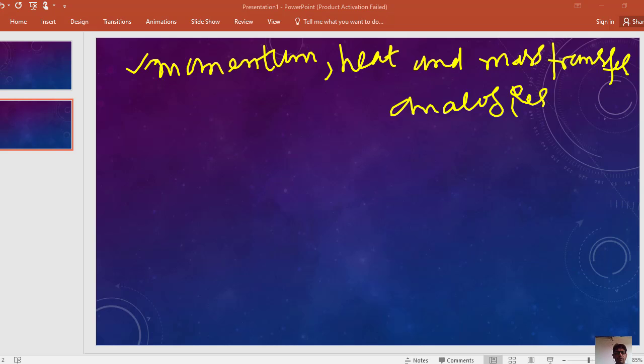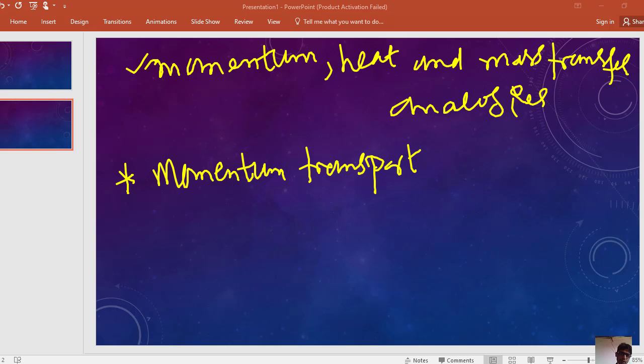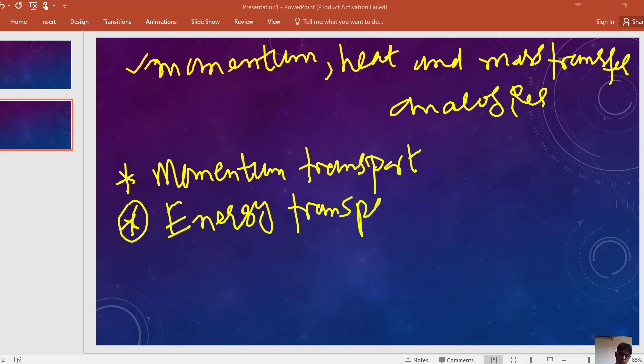In transport phenomena we are discussing three important phenomena. One is momentum transport, the second one is the energy transport or heat transport, and the third one is mass transfer or mass transport.